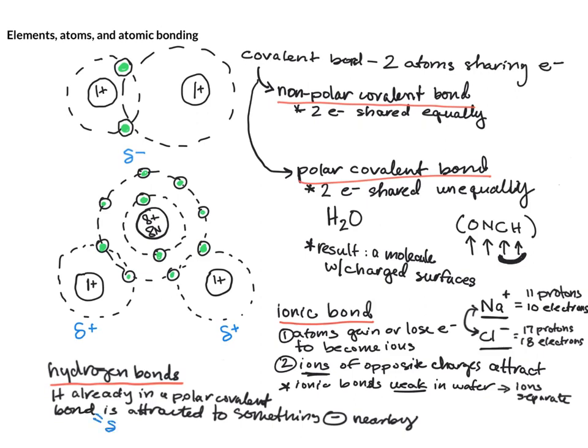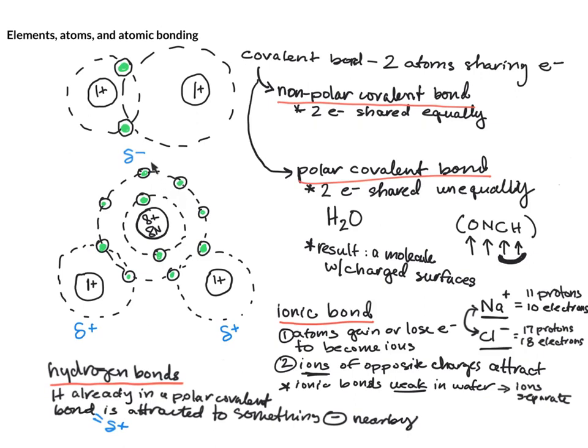Equals partial positive charge. Let's look at the second half of this definition, is attracted to something negative nearby. Well, why would it be attracted to something negative nearby? Because it has a partial positive charge. Those opposite charges attract rule is going to apply, and anything negative nearby will be attracted to it. So the negative charge of a nearby water molecule will be attracted to this end of this water molecule.